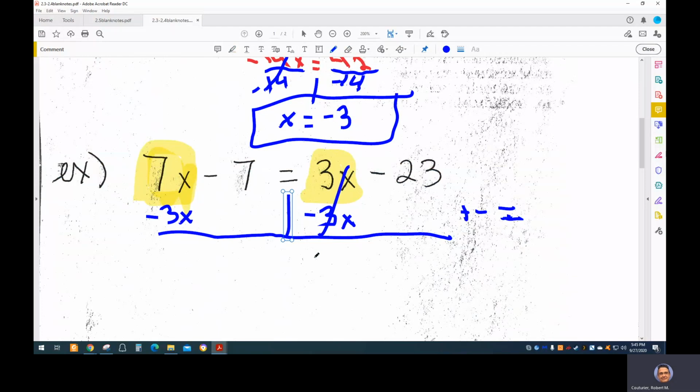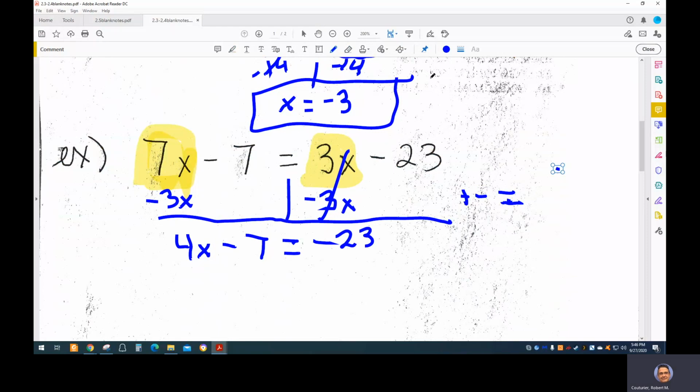These will cancel and leave us with a minus 23. And then the minus 7 comes down. And 7 minus 3 is a 4x. Great.